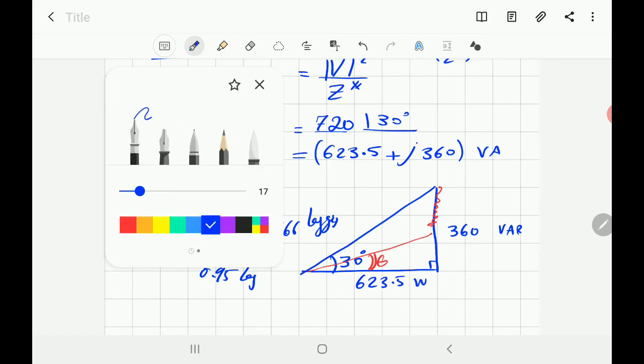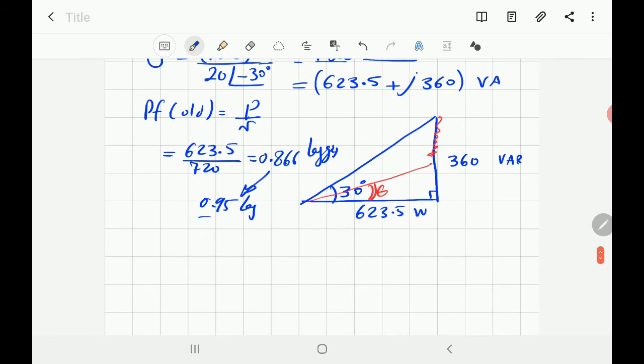Well, you get it using the new power factor. The new angle is equal to cosine inverse of 0.95, because we know the cosine of the angle is equal to the power factor. When you do that, you'll find the angle is equal to 18.19. So this angle, in theory, is going to be reduced to 18.19.